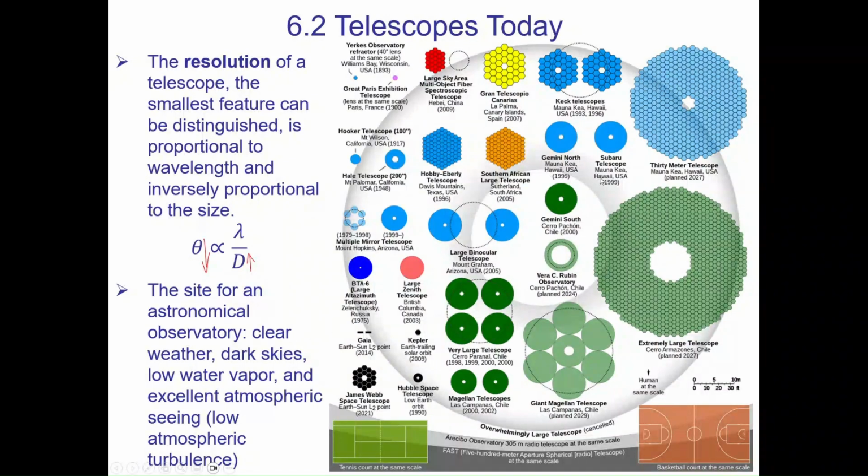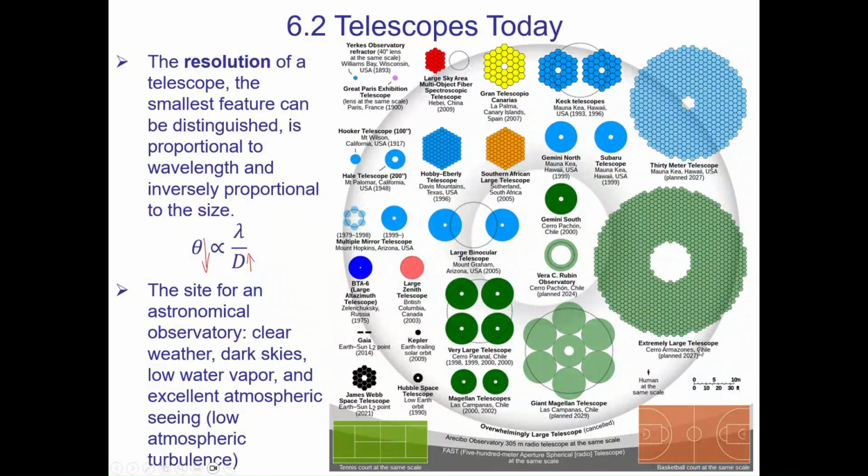Hawaii is a popular site. And other than Hawaii, we have Chile. You can see a couple of larger telescopes, and here are several large scopes that are in the planning stage. They are also in Chile, right?